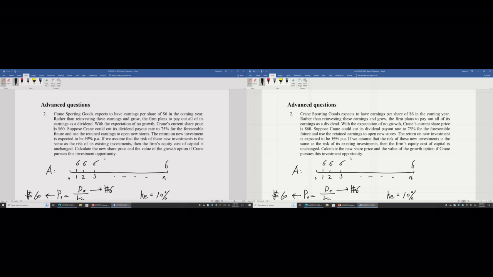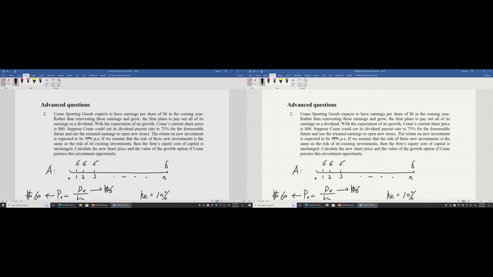It means that the company has to pay 10% per year to get the money from the equity investor to support the new investment. But if this new investment can bring you 12% as an annual return, obviously the company can make profit because the return is greater than the cost.